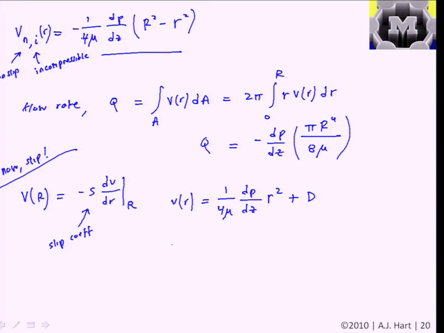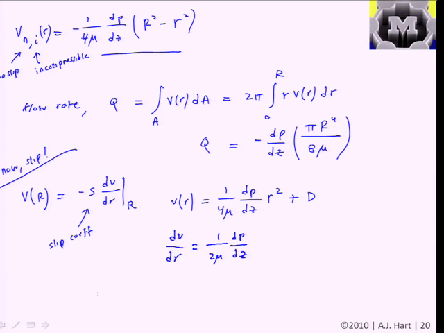And so now, if we take the first derivative, or evaluate dv dr, then we have this being equal to 1 over 2 mu dp dz, and the d goes away.